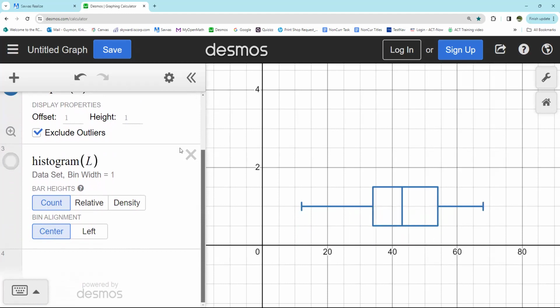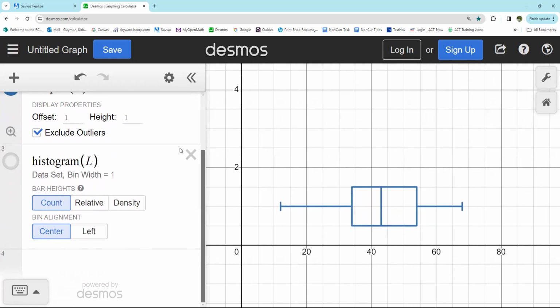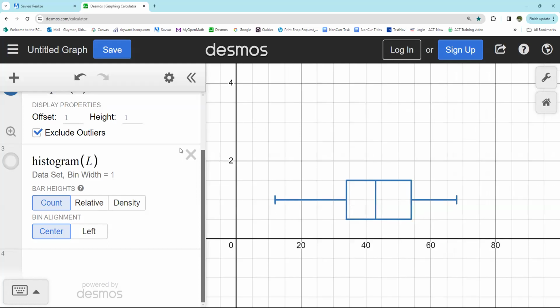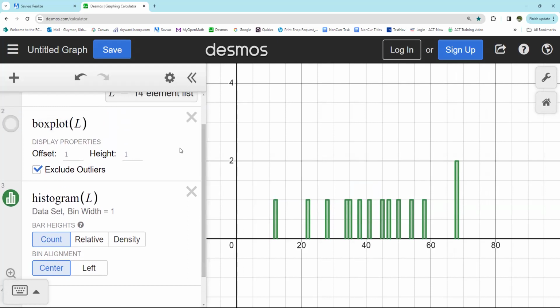The box plot, from the median, the vertical bar in the middle, to the minimum over on the far left, you've got a little bit more distance on that left side there. And again, if we look at the box plot, there's that one high bar with just two responses on the far right.